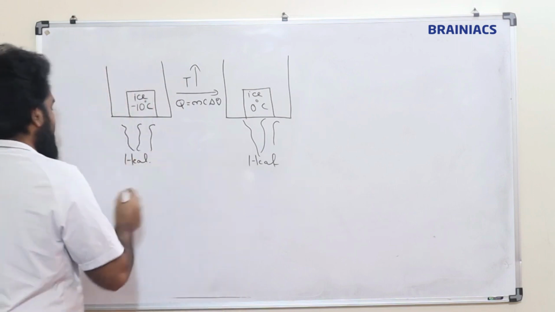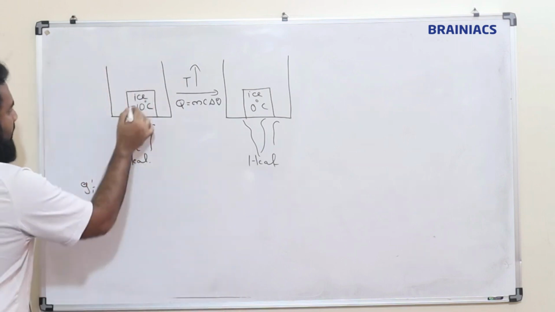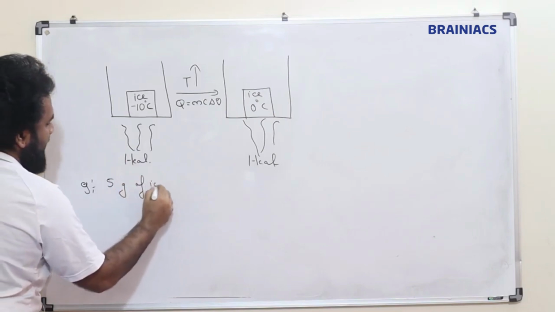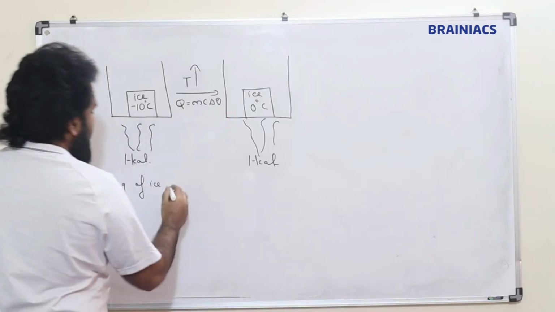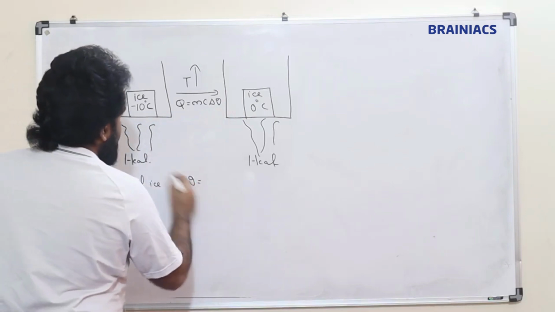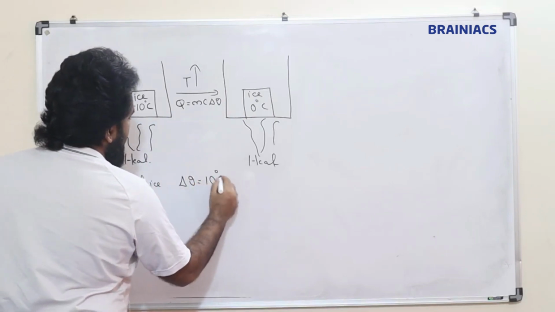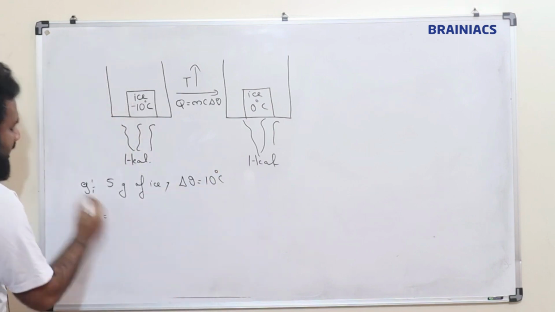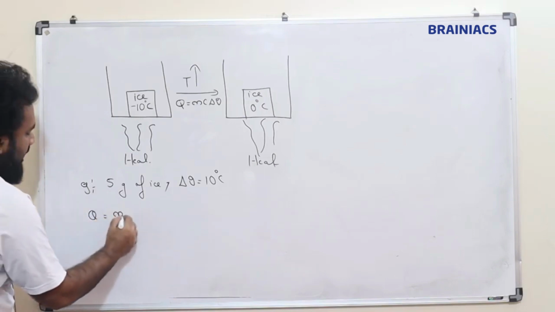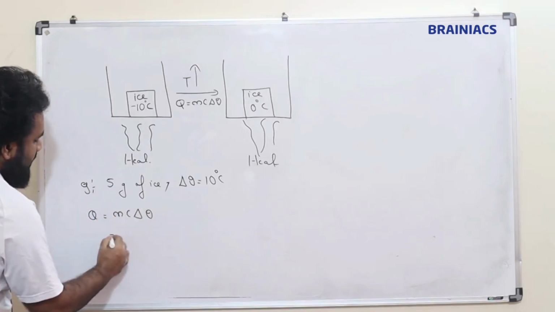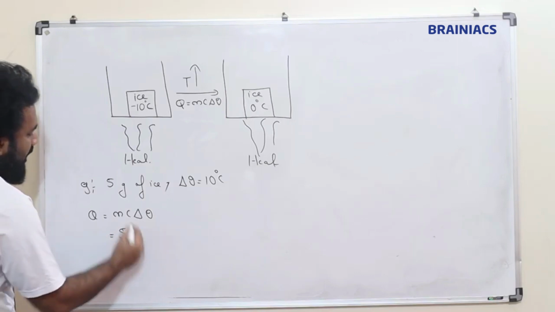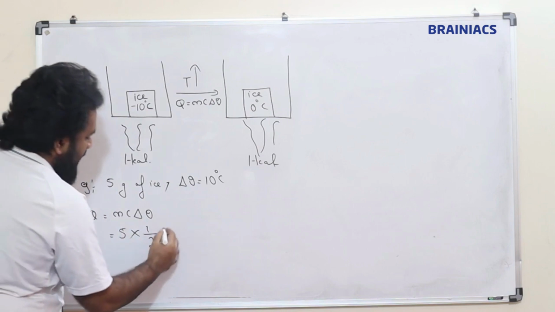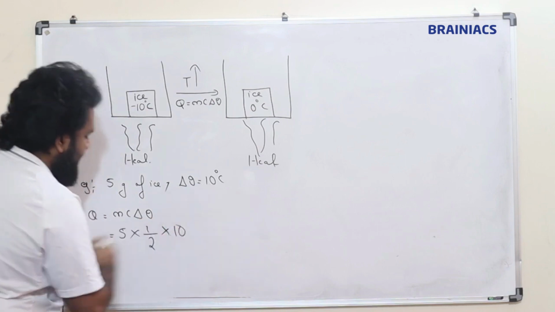Suppose, for example, this is 5 gram of ice and I am converting it, the change in temperature is 10 degrees Celsius. So in this case the total heat required will be mc delta theta. This is going to be 5 gram into the specific heat capacity of ice in calories, 1/2, into delta theta, here it is 10.